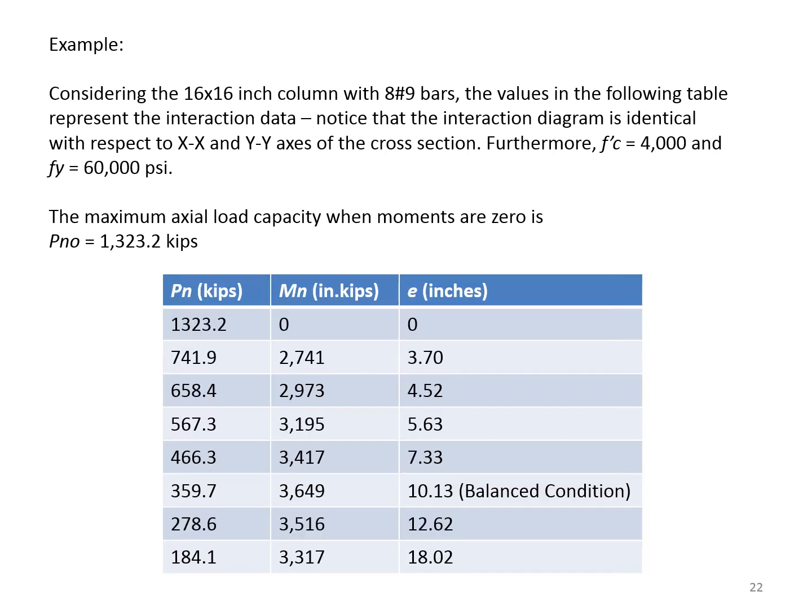Notice that the interaction diagram is identical with respect to the x-axis and the y-axis of the cross section because of the symmetry. Furthermore, f prime sub c is 4,000 and Fy is 60,000 psi. The maximum axial load capacity is also computed, which is 1,323.2.